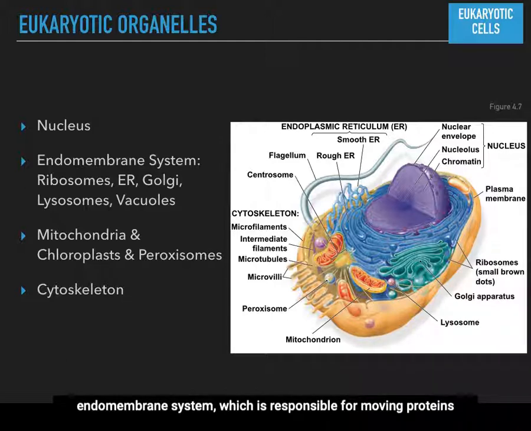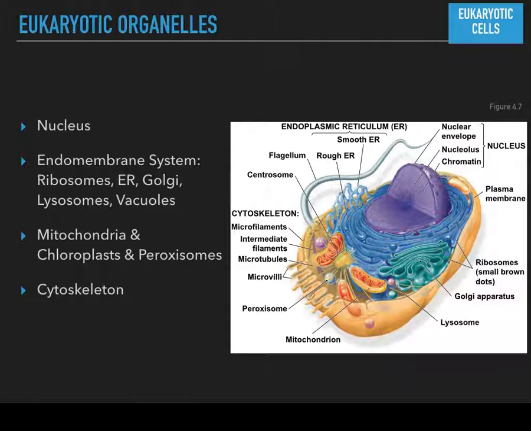The endomembrane system, which is responsible for moving proteins throughout the cell, includes the ribosomes, where translation takes place to generate proteins from the mRNA, the endoplasmic reticulum, which is known as the ER, and the Golgi complex. The ER and the Golgi help process and modify as well as ship proteins.